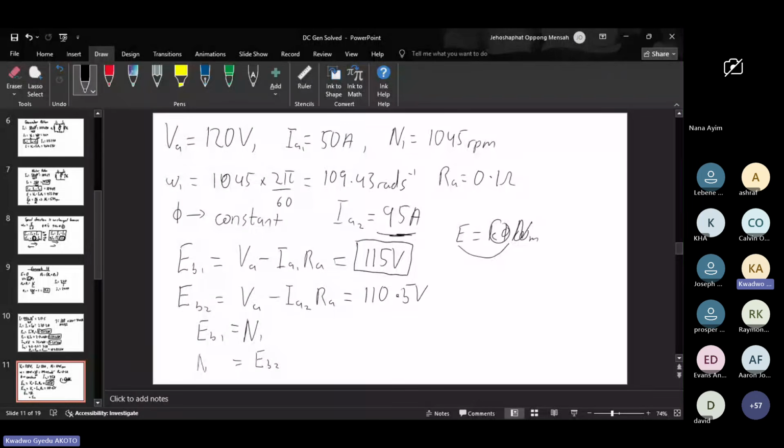So substituting everything back in again, we are going to get our N2 to be 1004.1 RPM, right? All right.